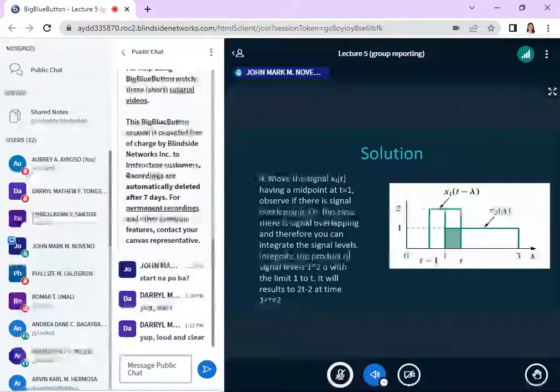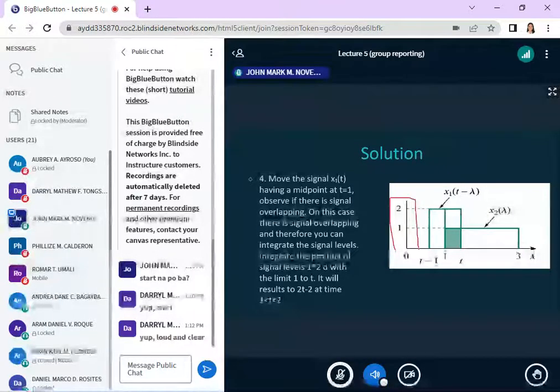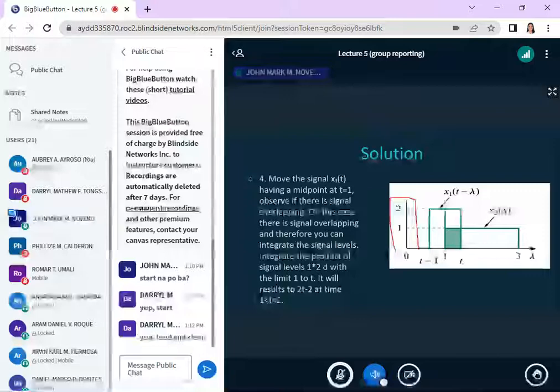So kung kanina, andito tayo yung time reverse natin, nandyan sa may nakagitna sa 0. Ngayon, i-move natin siya sa time 1. Pero ang limits natin ngayon ay t minus 1 kasi yun yung limit natin kanina at time t. So, nung minove natin siya sa 1, meron tayong nakikitang region na kung saan nag-overlap yung ating signals, yung ating x sub 1 at x sub 2.